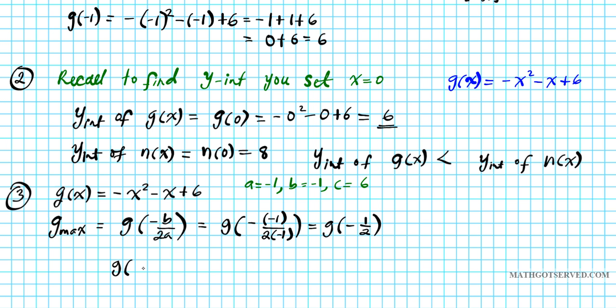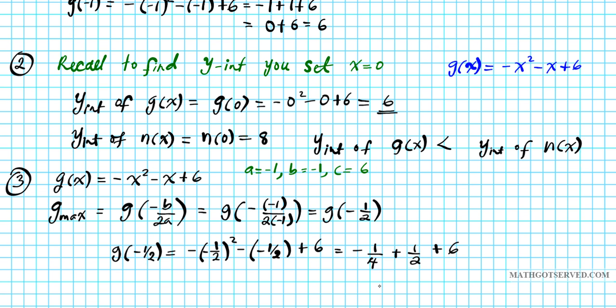So g of negative 1/2 is simply going to be negative quantity negative 1/2 squared minus negative 1/2 plus 6. Okay, let's simplify this. You have negative 1/4 because you squared the numerator and the denominator, plus 1/2 plus 6.